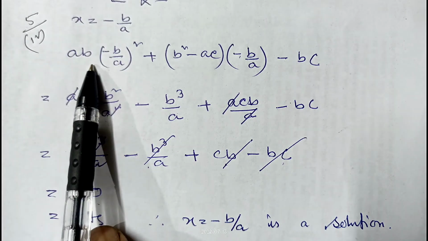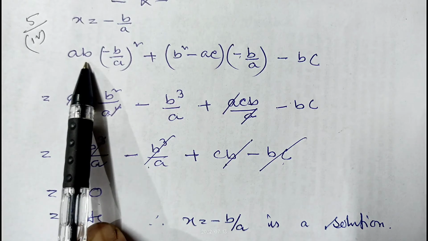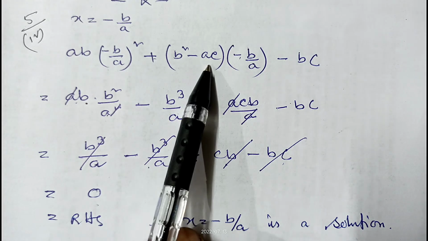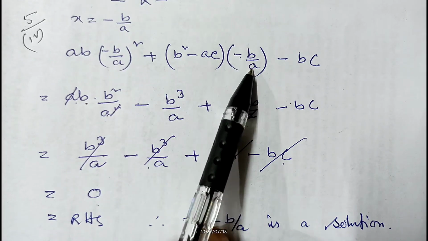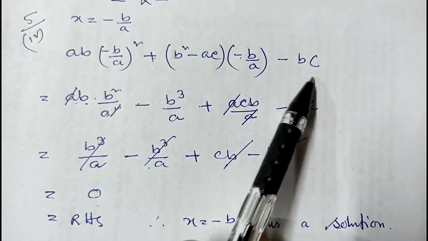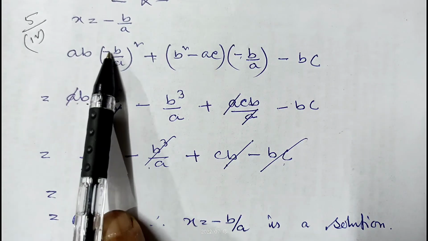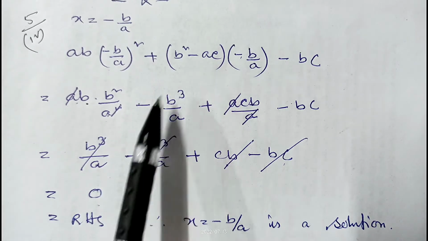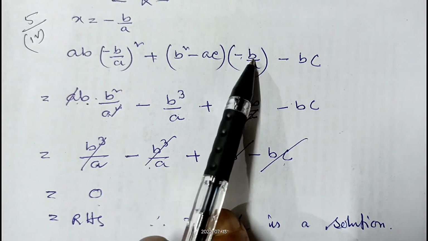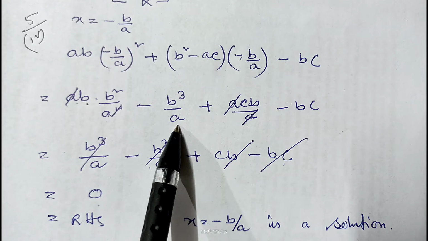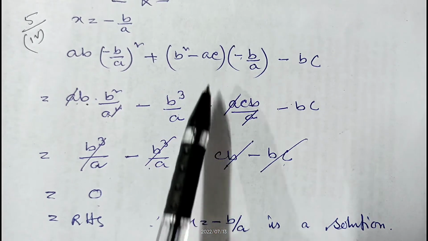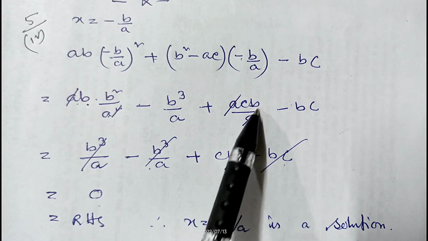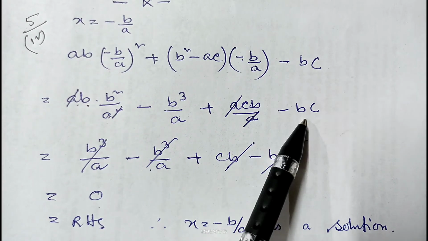In the first case we are replacing x by minus b by a. So in the left hand side it will be ab, instead of x square it will be minus b by a whole square, plus b square minus ac, instead of x we are writing minus b by a, minus bc. Here ab into b square by a square, plus b square into minus b by a, it will be minus b cube by a, then minus ac into minus b by a, it will be plus ac into b by a, minus bc.